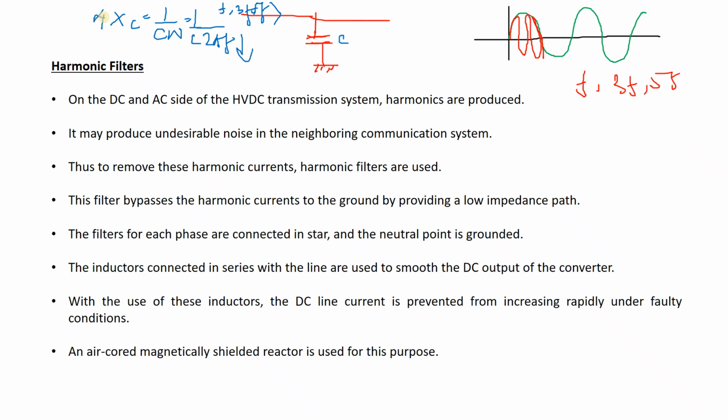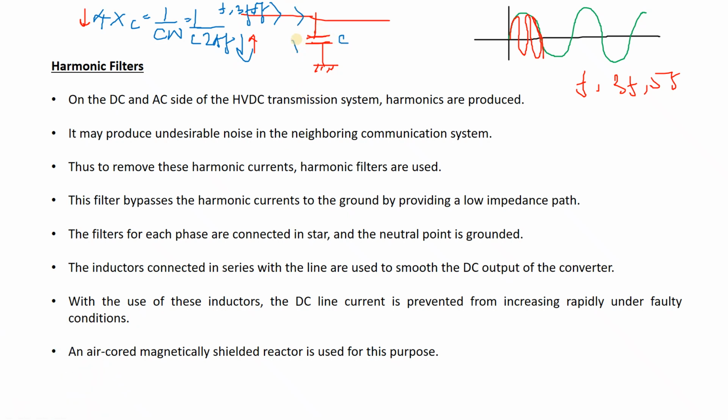So if the frequency is less, then the reactance will be more, and if the frequency is more, the reactance will be less. The capacitors are placed in such a way that if F frequency is flowing, it is considered a low frequency.